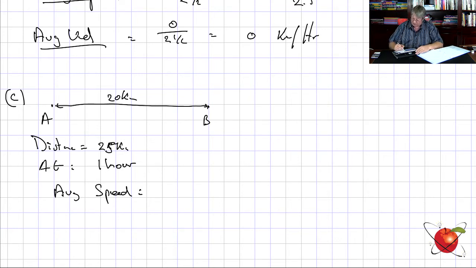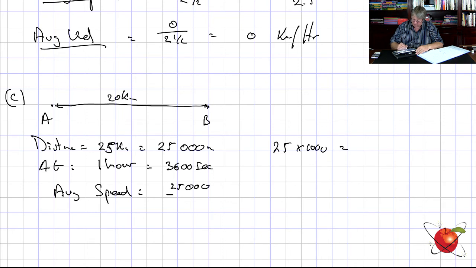You say it's 25 times 1,000, using that thing that I did in the beginning, which is 25,000 meters. 1 hour is 3,600 seconds. Average speed is 25,000 divided by 3600, because that's the distance.